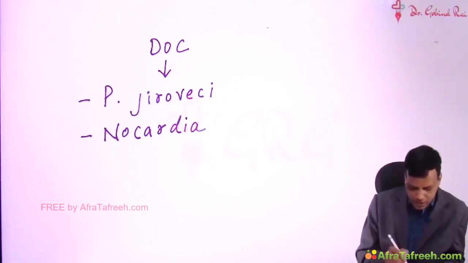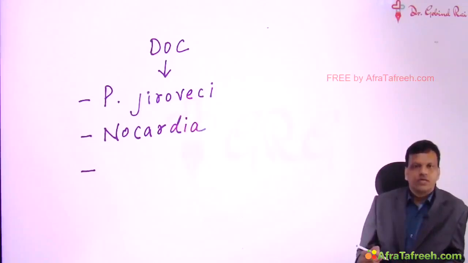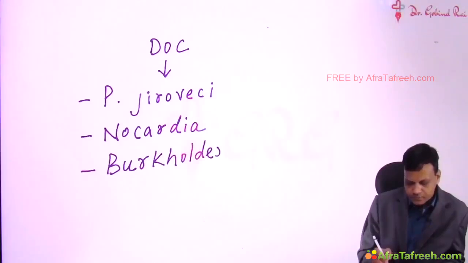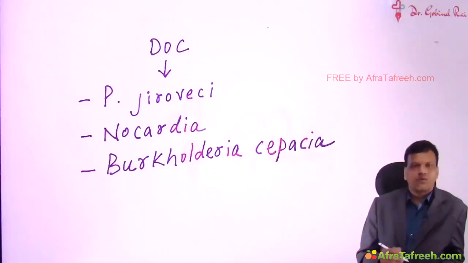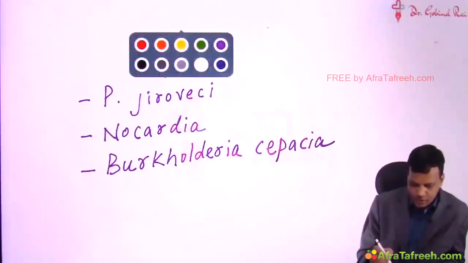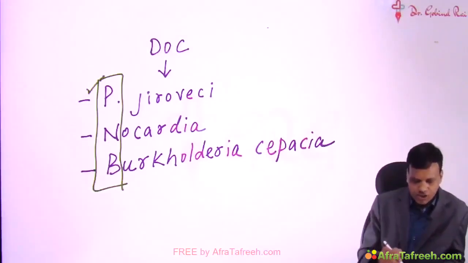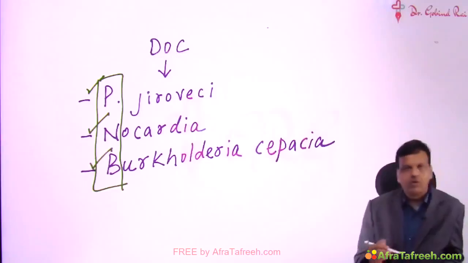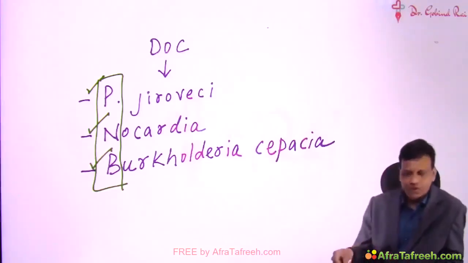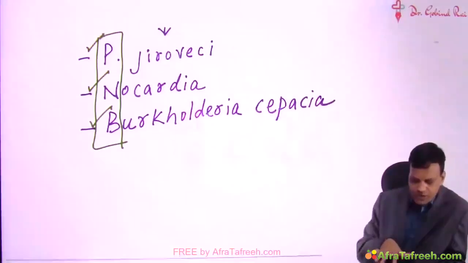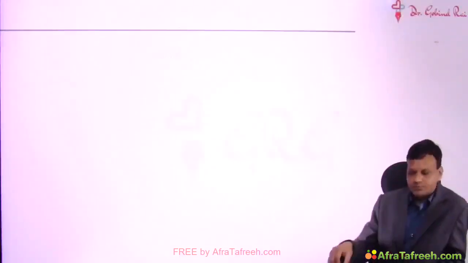And third, it was recently found to be the drug of choice for Burkholderia species. So cotrimoxazole is a drug of choice for PNB. So three infections: Pneumocystis, Nocardia and Burkholderia species. So this is important about the first combination of trimethoprim with sulfamethoxazole.